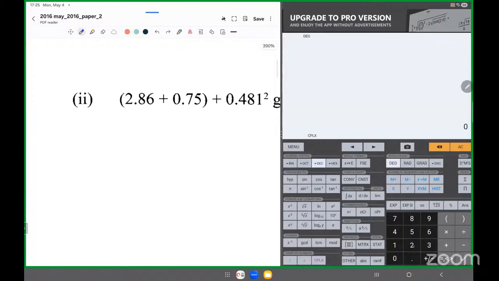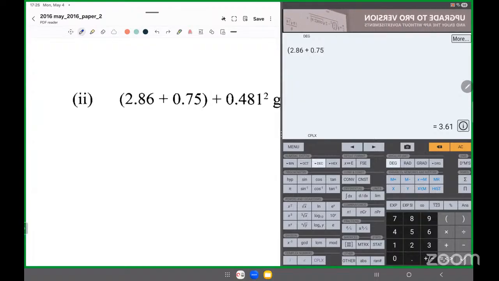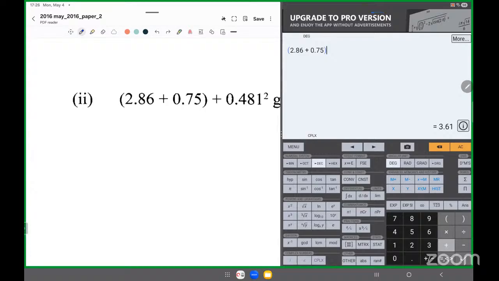So that is bracket 2.86 plus 0.75, close bracket. Then another plus 0.481 squared. That's what they have there. Make sure that's exactly what they type. Just double check it. That looks like it.